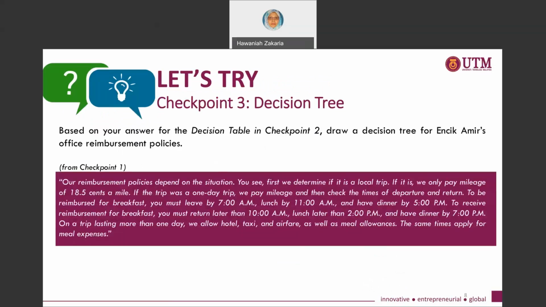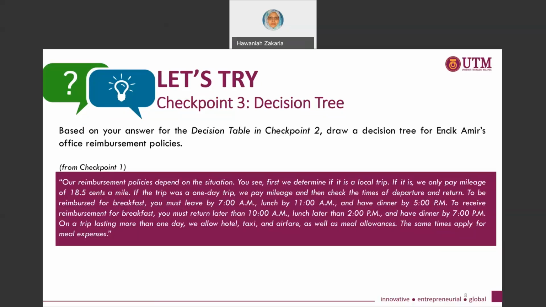Checkpoint 3 requires you to produce a decision tree based on the same problem that was given in the decision table. The problem is related to Encik Amir's office reimbursement policies. So why don't you try it out and see how a decision tree can be produced based on the same problem.